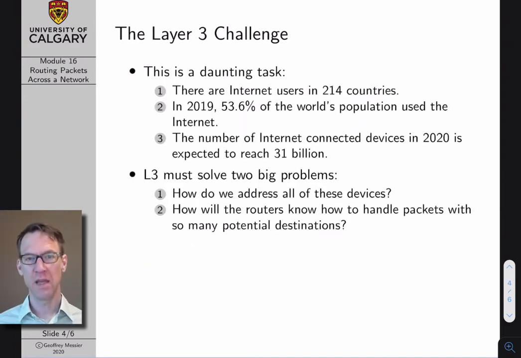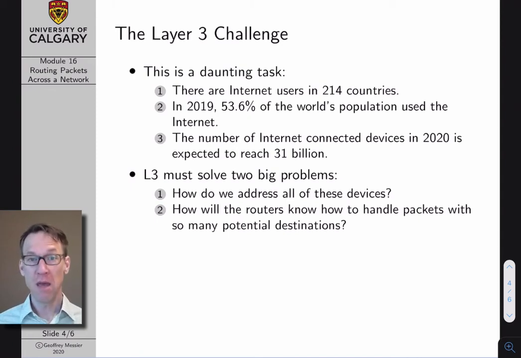So why is designing layer 3 such a big deal? Well, designing the network layer for the internet is a particularly huge technical challenge because of the particularly huge scale of the internet. To throw around some statistics, there are currently internet users in 214 countries around the world.